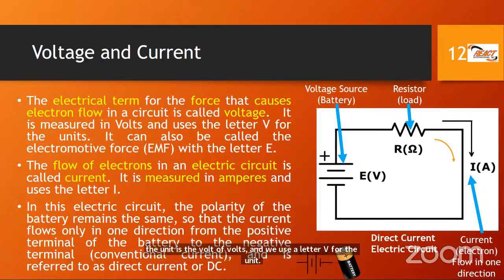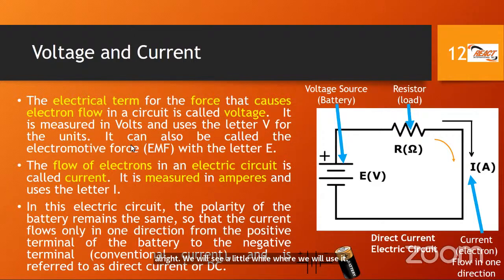So V for volts. Note that sometimes, and quite often, and this is important for us as we go forward in the course, voltage is called the electromotive force or EMF. And the letter that we will often use is the letter E. So let's not be confused when we see E instead of V, right? We will see a little while where we will use it. We'll tend to use E quite often.